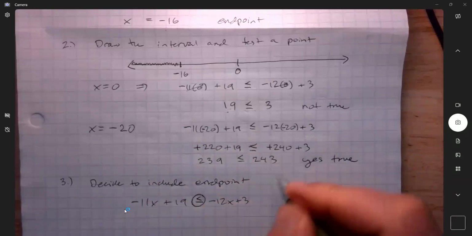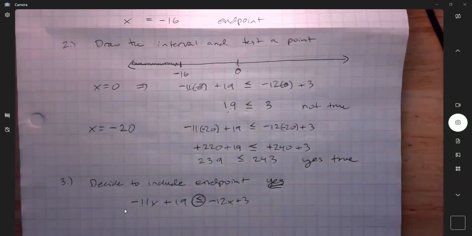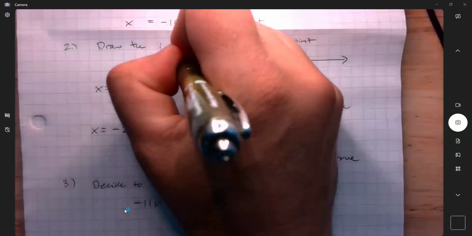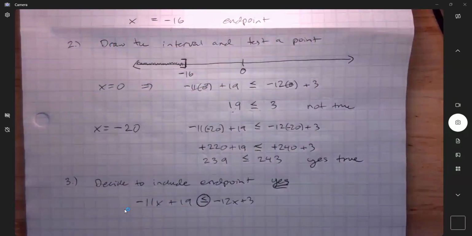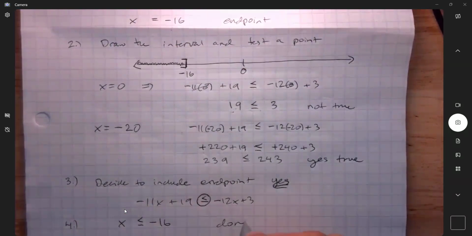Since it's a less than or equal, we're going to include the endpoint. So if I add it to my picture here, I'm going to draw a square bracket. And if I want to write the solution set as an inequality, it's going to be x should be less than or equal to -16. And we're done.